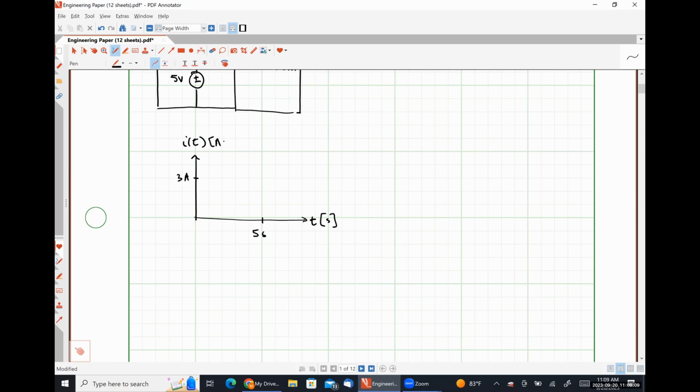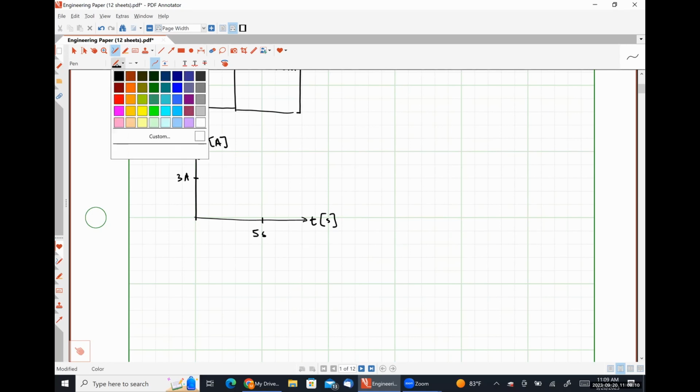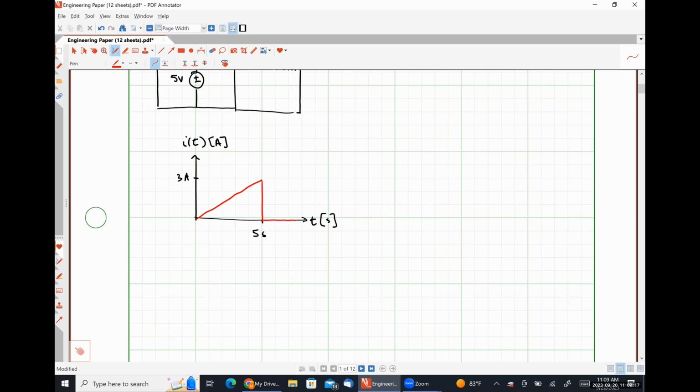And this is current measured in amps. And we had a signal that looked like this. How could I represent this using unit step functions?